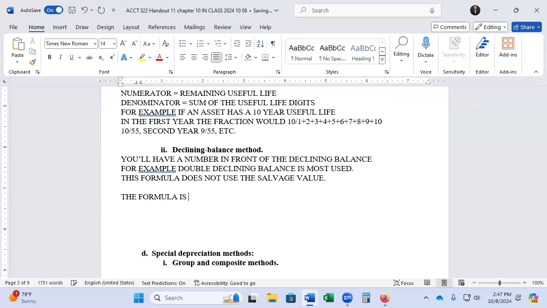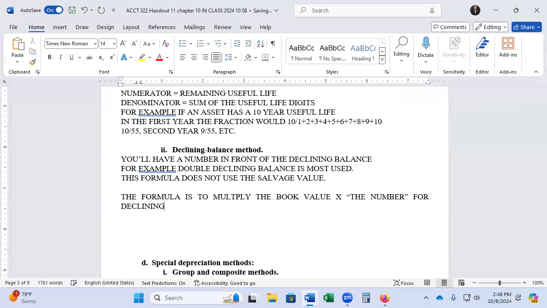The formula is to multiply the book value times, and I'm going to put these in quotes, the number or declining balance by the rate of straight line depreciation.